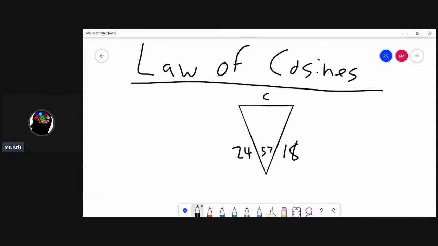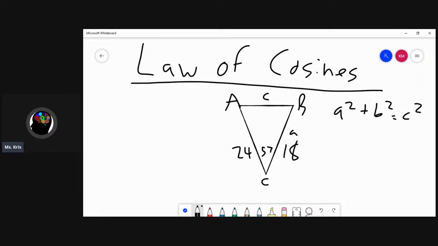So the laws of cosine has three equations. Each equation is based off of the Pythagorean theorem. Of course, the Pythagorean theorem is a squared plus b squared equals c squared. Law of cosine was derived from that same theorem. So the equations as it relates to the side you are looking for, say for instance, you have triangle ABC. Side A is 18.